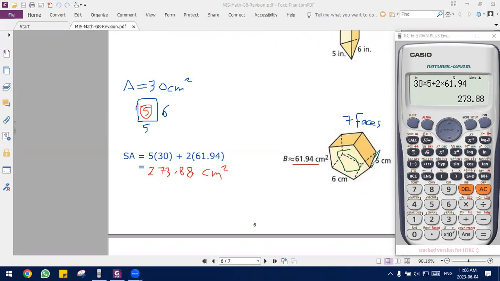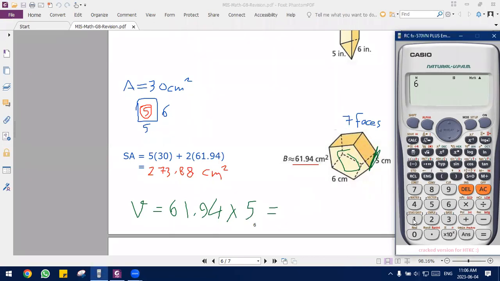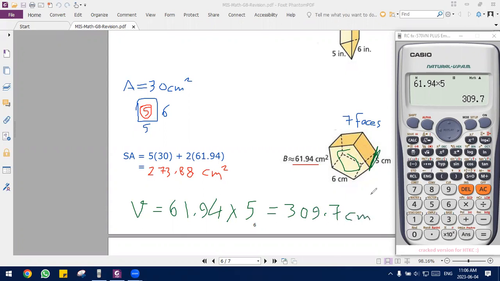So the volume is equal to the area of the pentagon times the length here, which is 5. Equal to 309.7. What's the unit? Centimeter cubed, because it's volume.